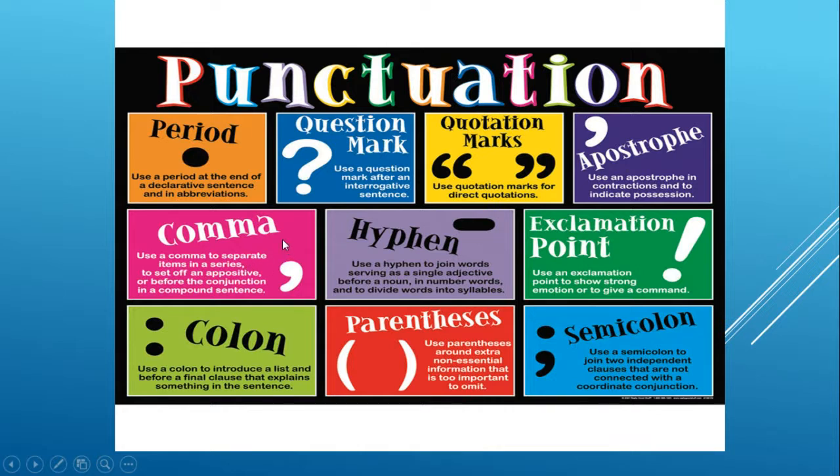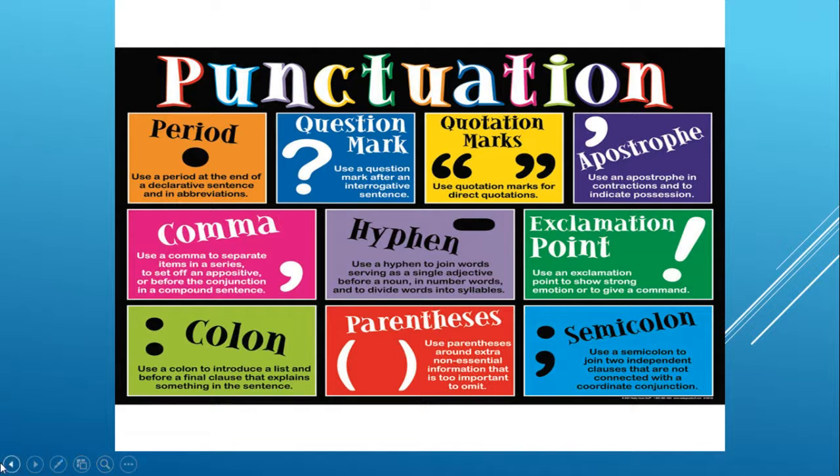Comma. There are about six basic rules for a comma. These are more or less the same, the basic ones. Use a comma to separate the items in a series. Use a comma to separate opposites or before the conjunctions, like for, and, but, nor, or, yet, which I mentioned before.